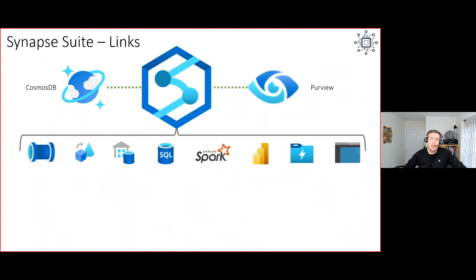And then the other side is that we can now connect Synapse to Purview, our data catalog, as I'm going to call it. So we get that governance, that classification, that management, and it connects and integrates, and of course then queries and inspects all of this stuff that we've got in there as well.